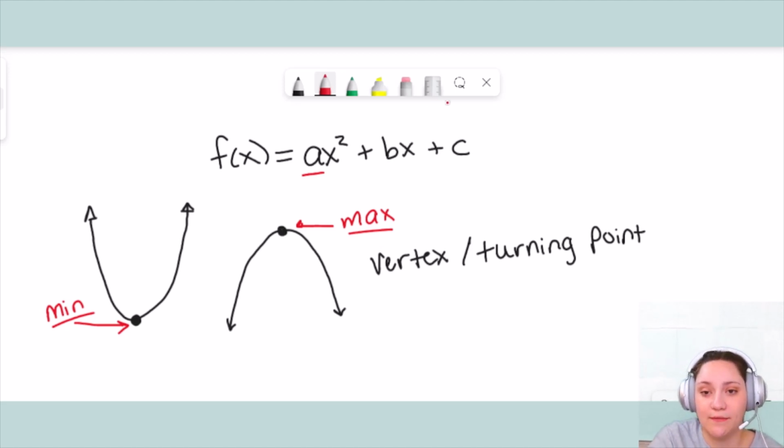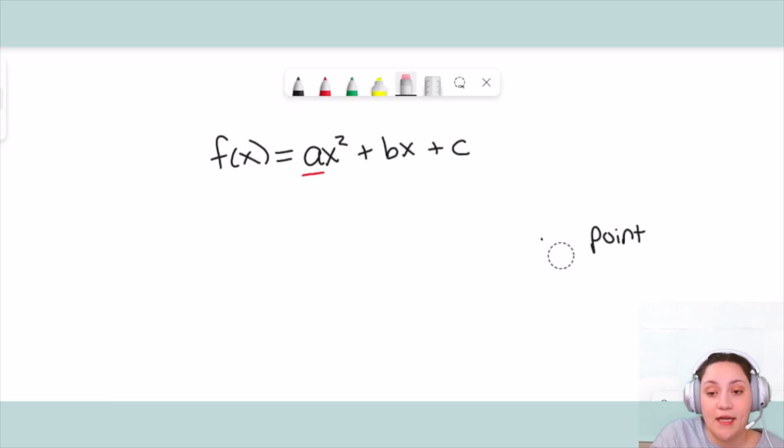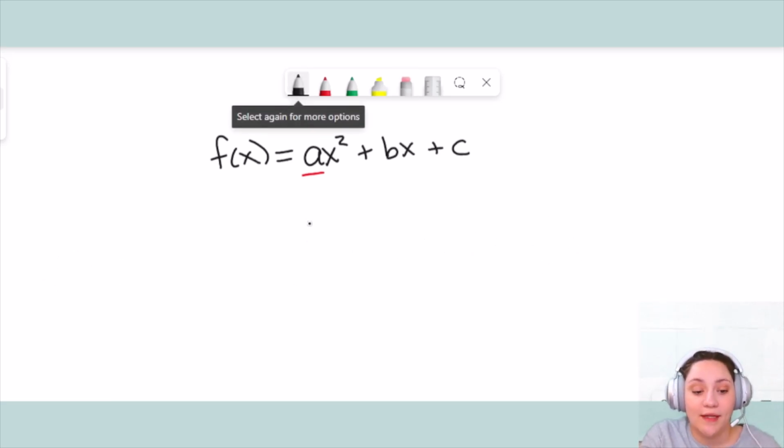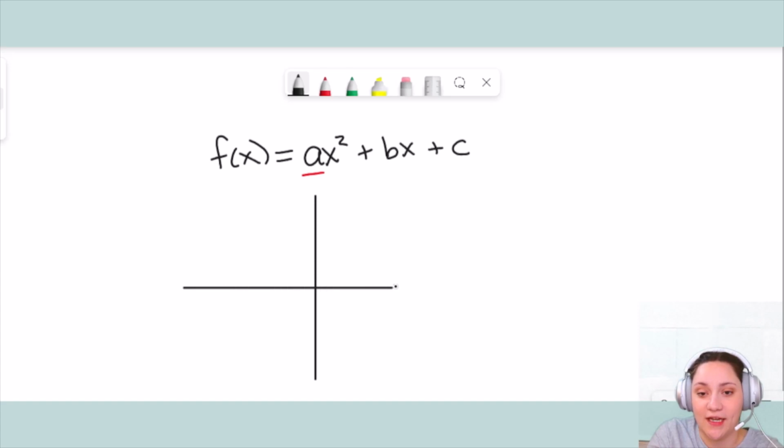One of the things to remember with really any graph, but especially these more complex graphs, is which values in which part of the graph is the domain and which part is the range. So remember that when we're graphing anything, we have x and we have y, and remember that y is the same thing as f of x.